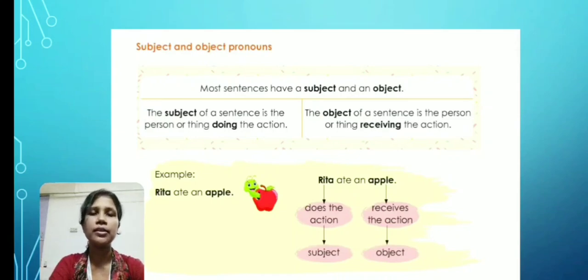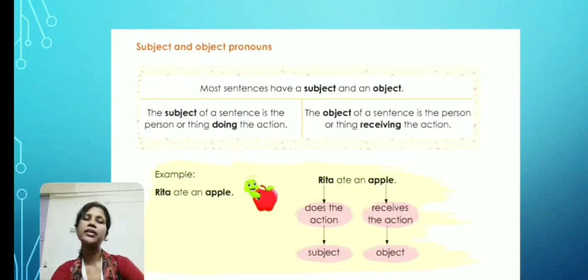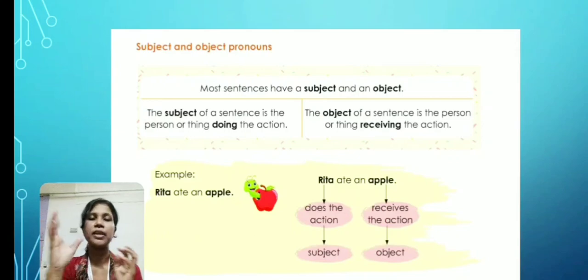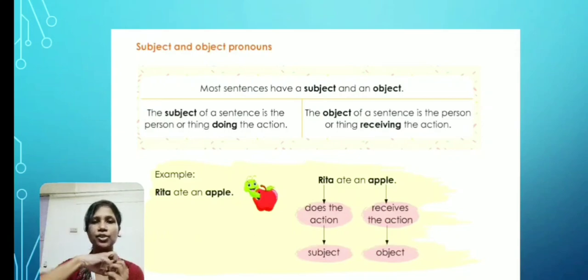Now let us see an example. Rita ate an apple. So here Rita is the subject and apple is the object. So why is it so? Because Rita is the person. She has done something. What has she done? She ate an apple. Now the apple is the object, because it is receiving the action. That means Rita has eaten an apple. So apple is the receiving one. It is the object.